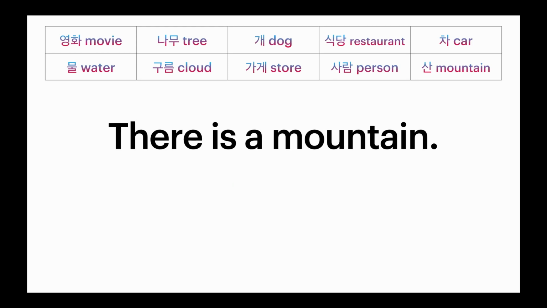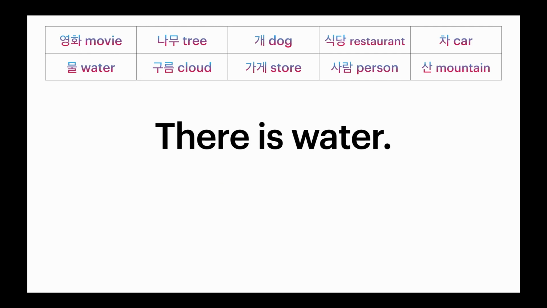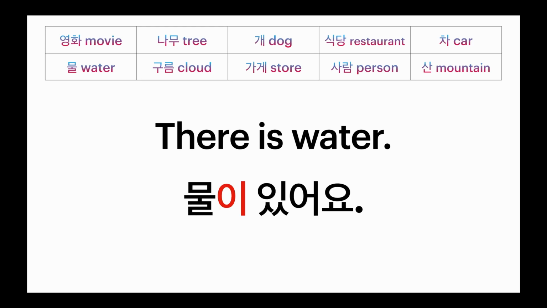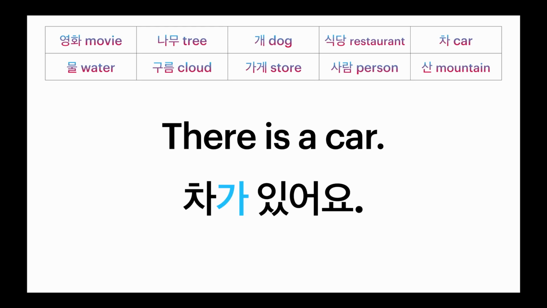There is a mountain. 산이 있어요. There is water. 물이 있어요. There is a car. 차가 있어요.